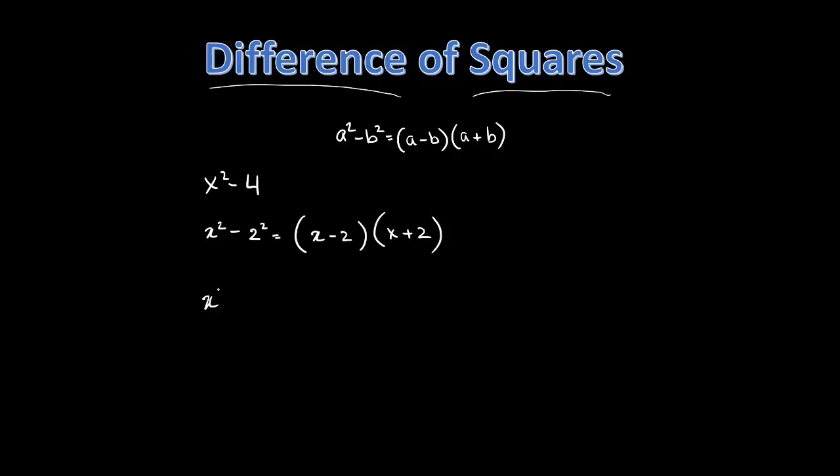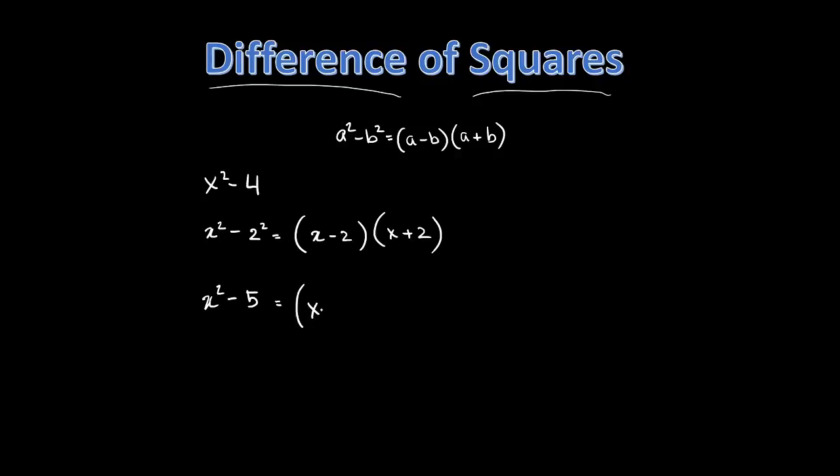You can do this with an x squared minus 9, which is a 3 squared, or 25, anything you want. Now, they do like to trick people with the difference of squares. They might put something that's not a perfect square, and that's also okay, because let's say you take an x squared minus 5. Is there something multiplied by itself that will give you a 5? And the answer is yes.